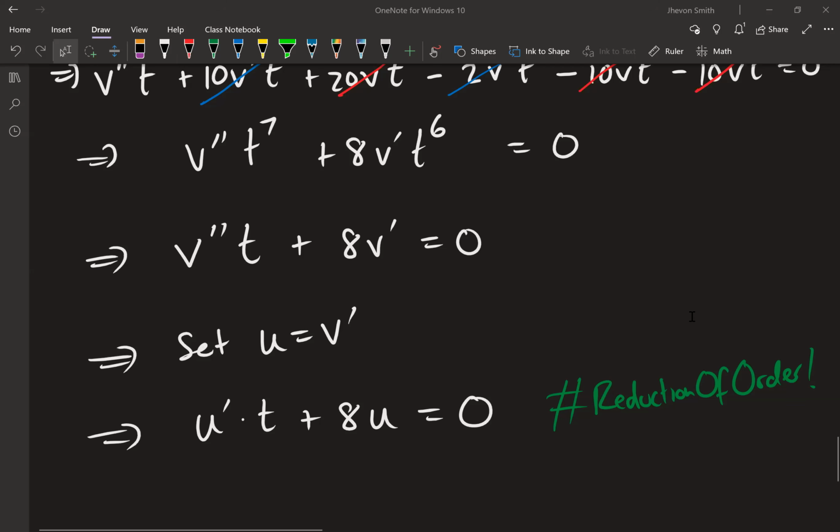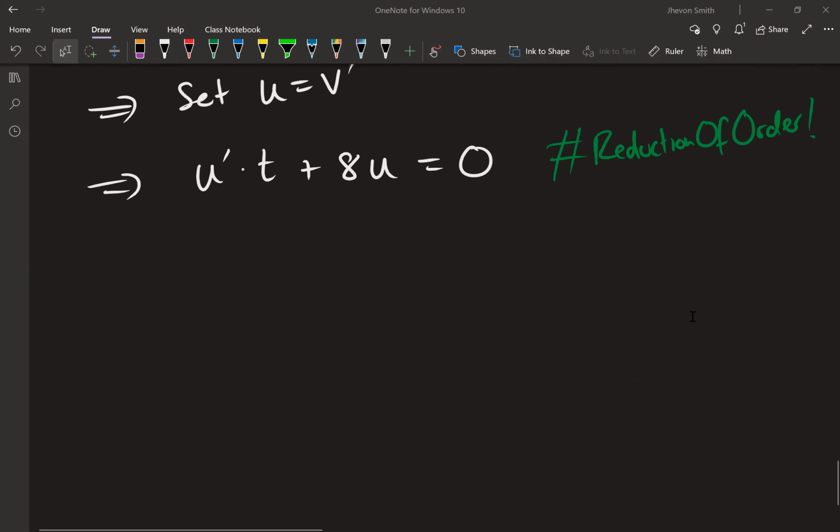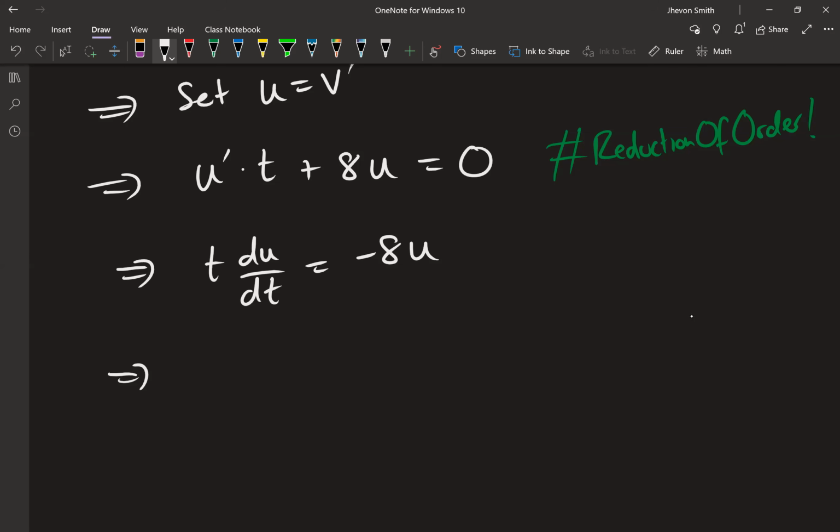Now this one happens to be linear, but more easily than that, it's actually separable. So I would have here t times du dt is equal to minus 8u, and I would divide both sides by u. And then here I would have 1 over u du equals minus 8 over t dt.